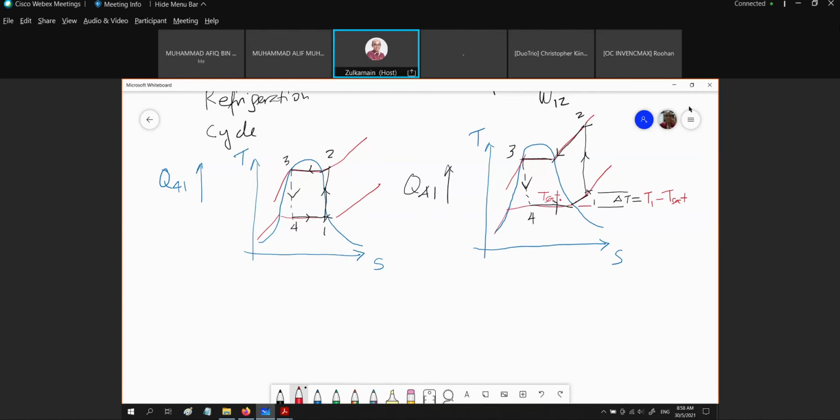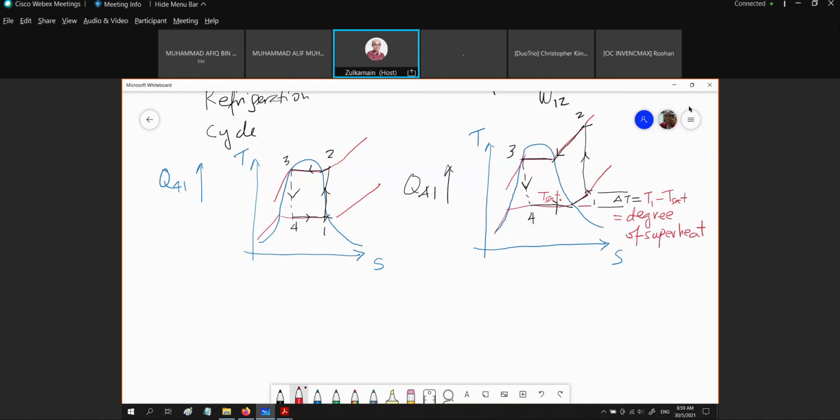So we can define this as delta T, and this delta T is also known as the degree of superheat. So the degree of superheat is the temperature T1 minus the T sat at the pressure of evaporator. That is called the degree of superheat.